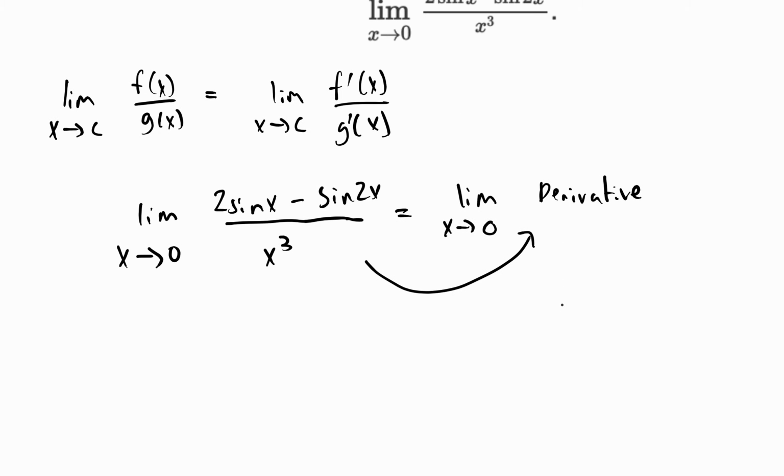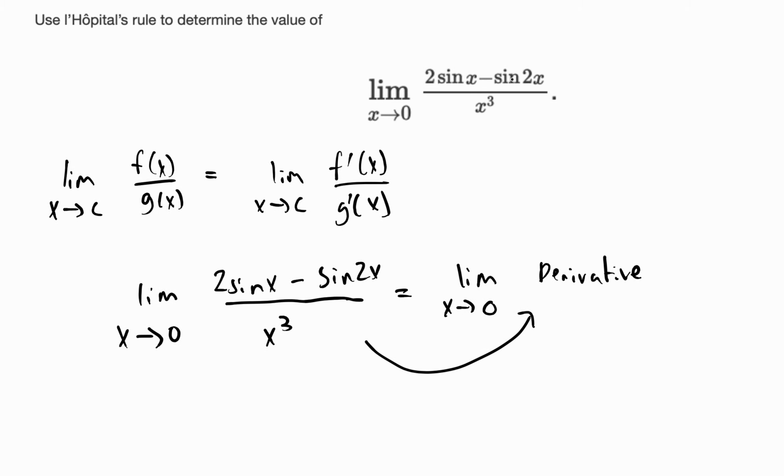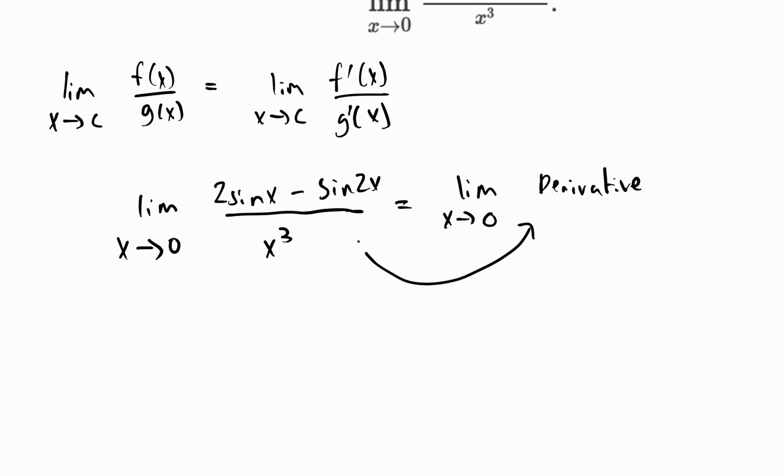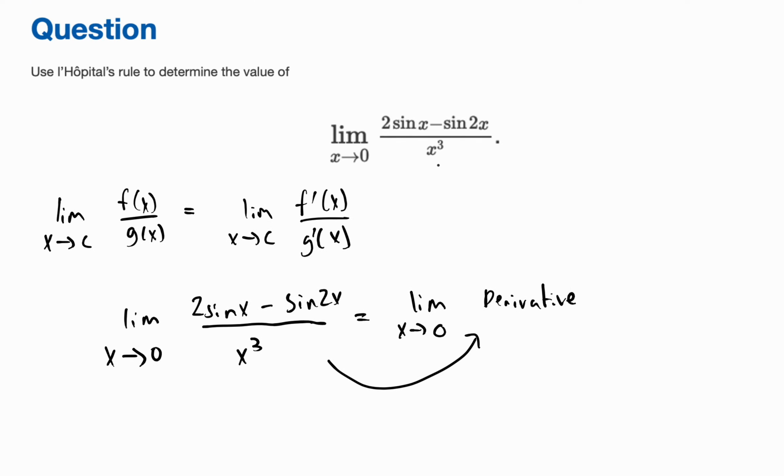Let's start by differentiating the numerator and denominator once. But I want you to understand one thing: this is something you need for exam readiness. You don't want to waste time.